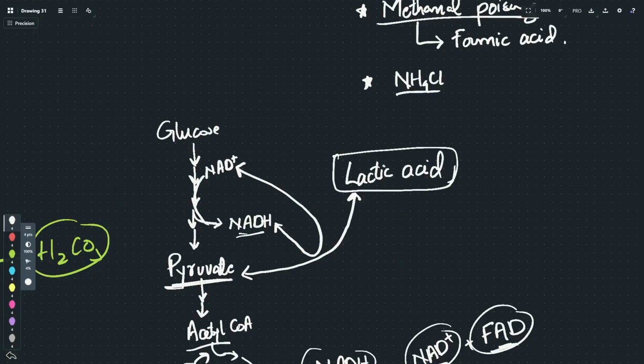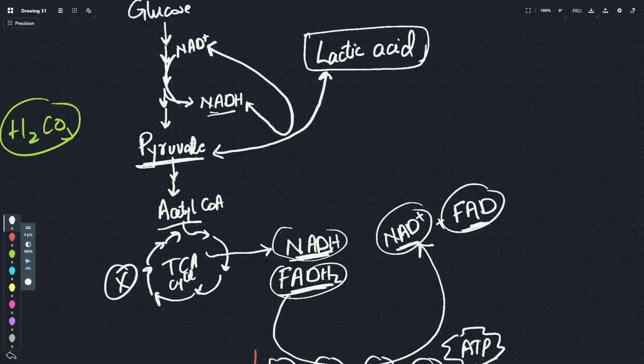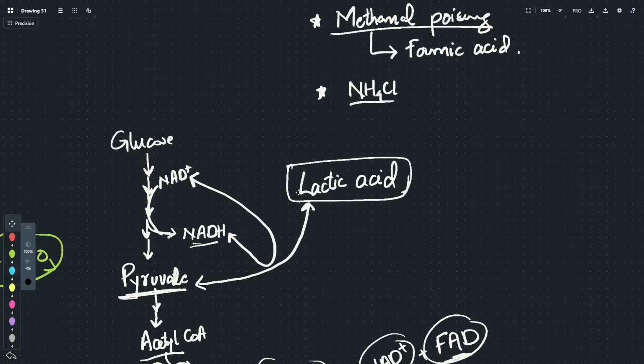Let's suppose you are exercising a lot, you are doing strenuous, very hard exercise. So it means the oxygen dependent route won't be enough. Lots of pyruvate is being formed, so it will overwhelm this system, and some of the pyruvate will be converted to lactic acid.